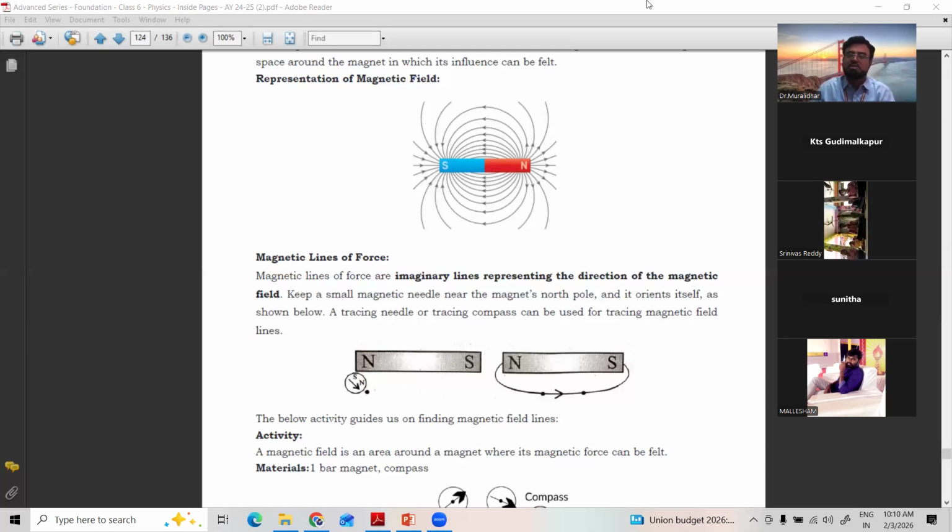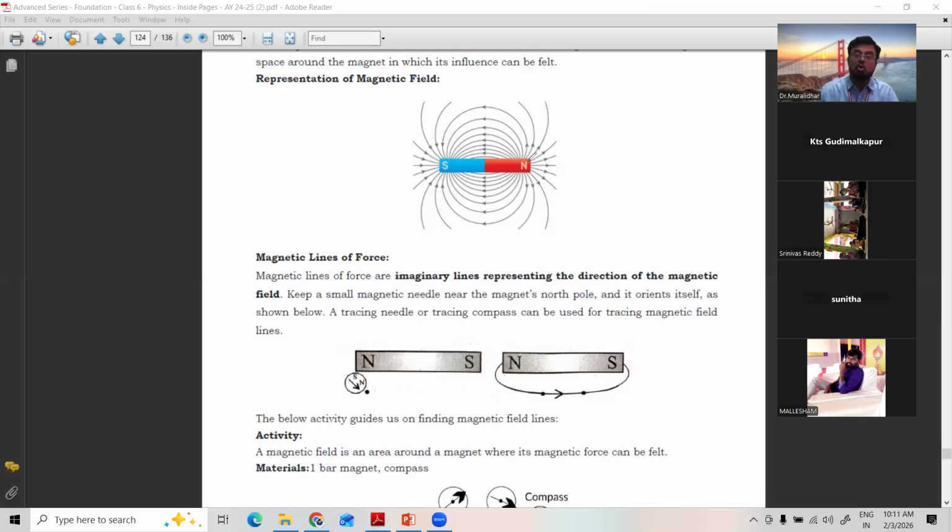Modi cannot go to the USA and become its Prime Minister because his region is only within India. Similarly, a magnet also has its own region, the space around it where its influence is felt, where it can attract magnetic materials. Such a region, such a space, is called a magnetic field.